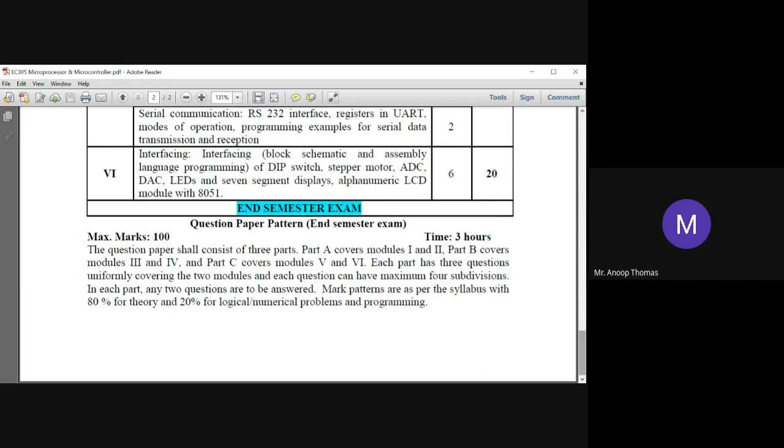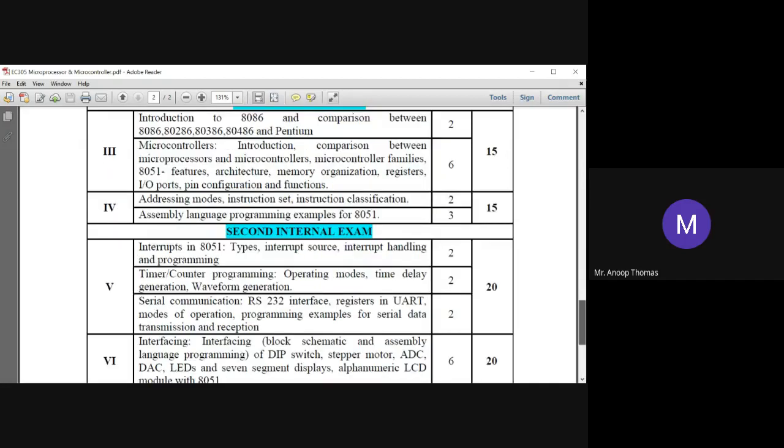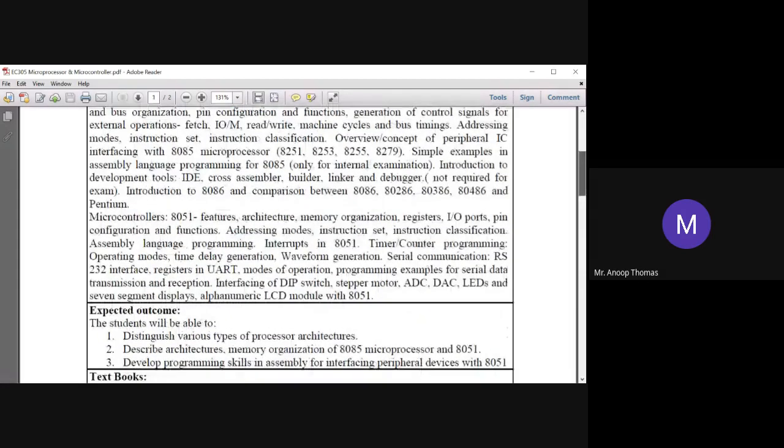Rather than the logical and numerical problems, the major focus will be on the programming part. So out of that 20%, it's mainly the programming. That's the general overview of your syllabus. The microprocessor that we learn is the 8085 and the microcontroller that we learn is the 8051.